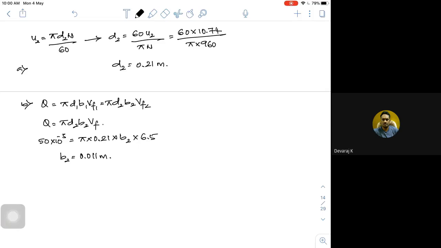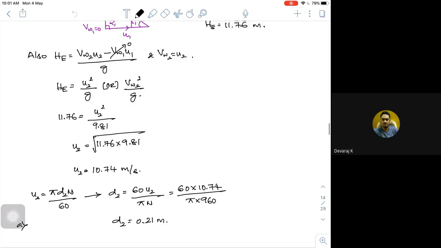So this is the value of your width of the impeller at the exit. Now what else are we supposed to find? We have to find the flow angle. So from the velocity triangle at exit, you look at the velocity triangle at the exit.